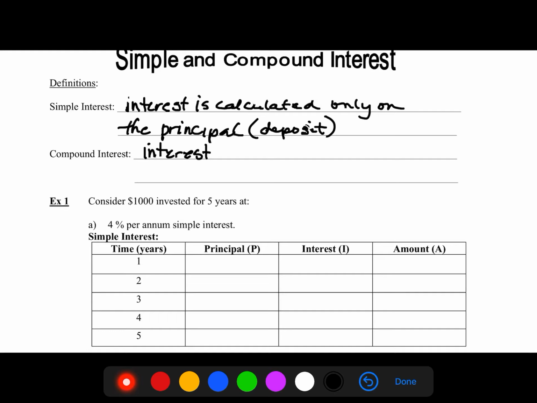deposited itself. Compound interest works a little bit differently, in that after each time period, we now add the interest that was earned into the principal.